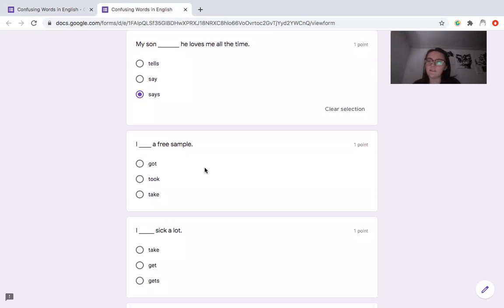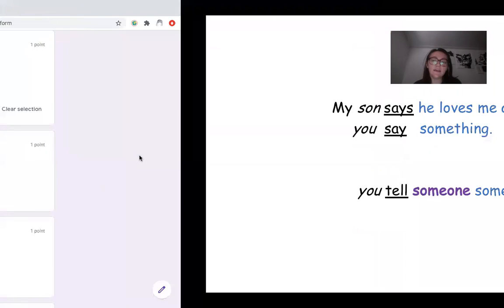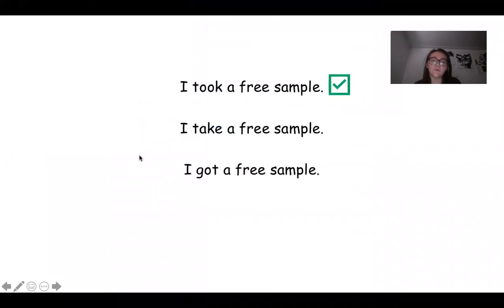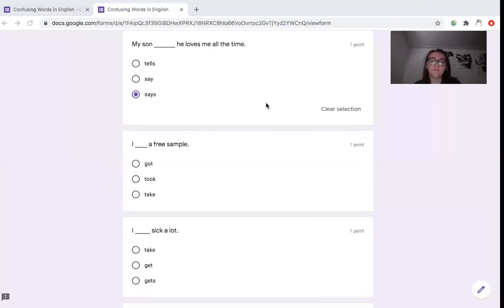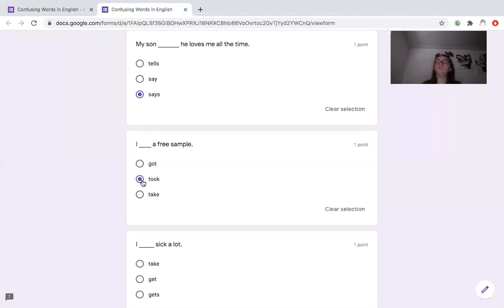Okay, now this is another one that's kind of confusing. So a free sample. I took a free sample. That's the one that I wanted you to pick, just because when you say, oh, I took a free sample, it means it's simple past tense, right? I took a free sample.